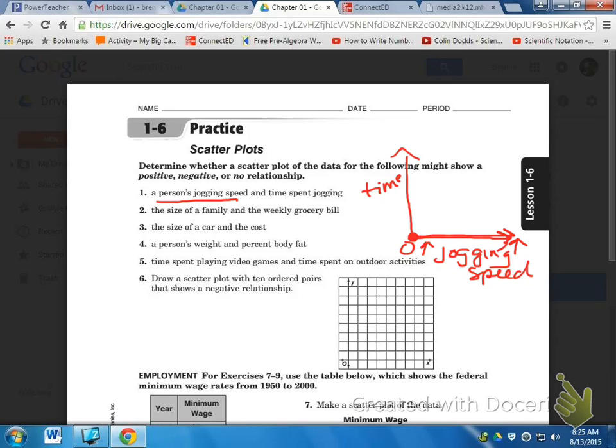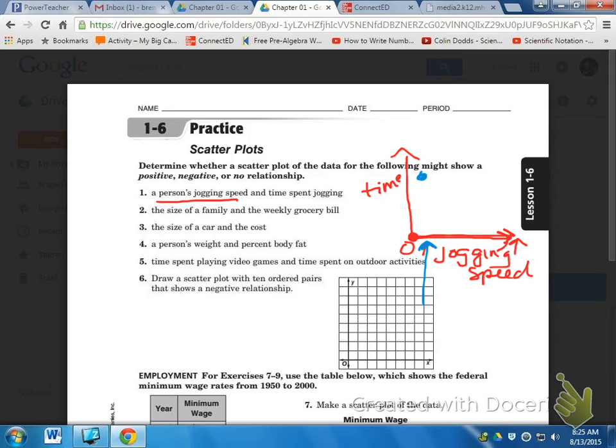If they're on this side, okay, I'm trying to make a different color so you know where I'm pointing. If they're on that side and they're jogging very slowly, how long do you think it's going to take if they decide every day I'm going to jog 3 miles? It's going to take them a long time or not very long? A long time. So they're going to be up here somewhere.